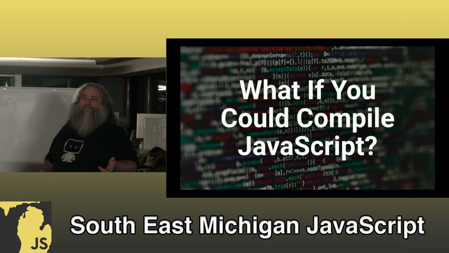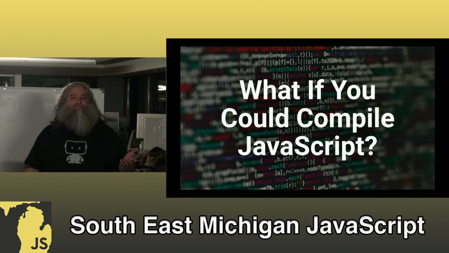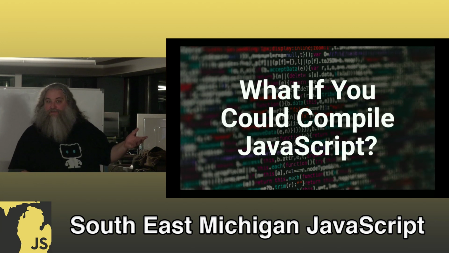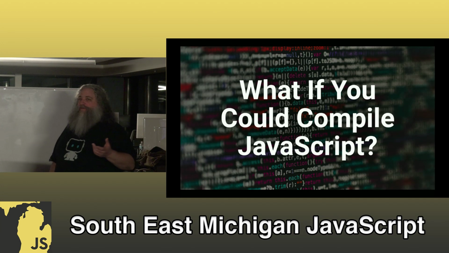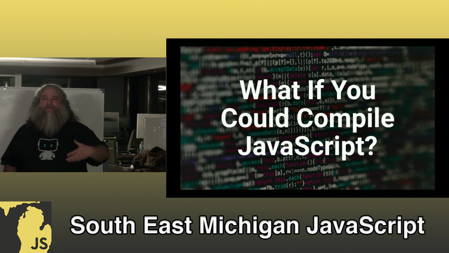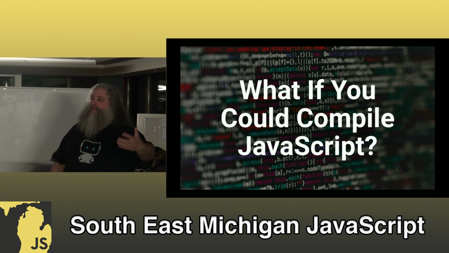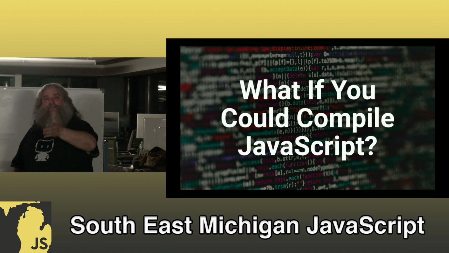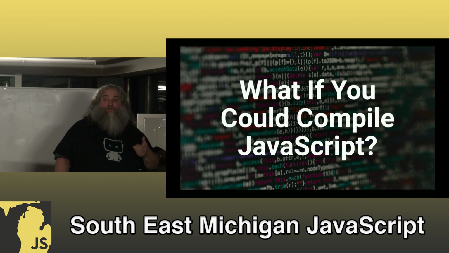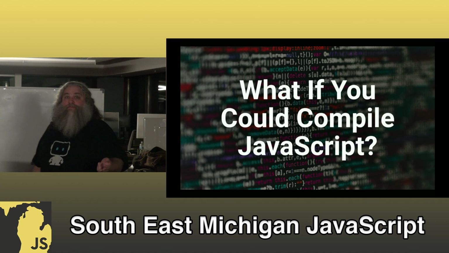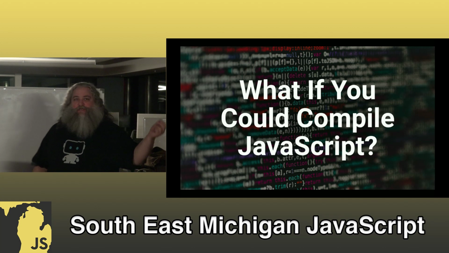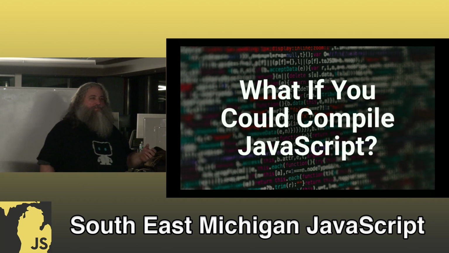But what if you could compile to some sort of binary format? That's what WebAssembly is. Then you would get rid of the parsing step. The parsing step would happen ahead of time, and you spit out a binary format that's quick and easily read. You could choose any language to compile from. So you could write C code and get code that you could run in the browser. You could write Rust code.